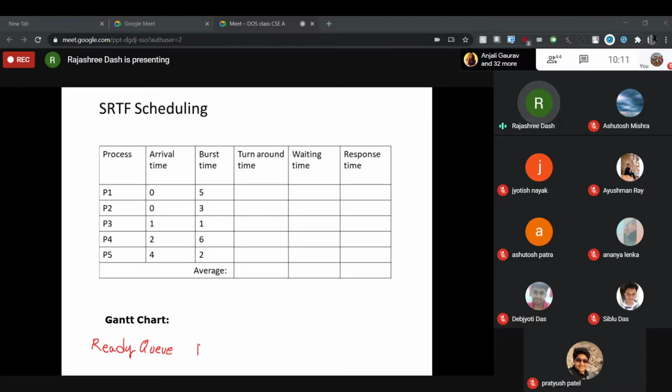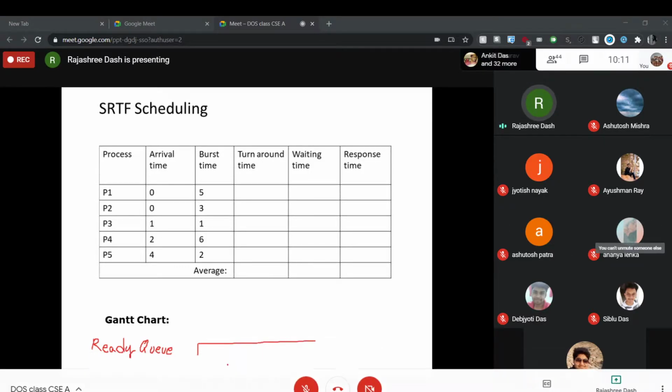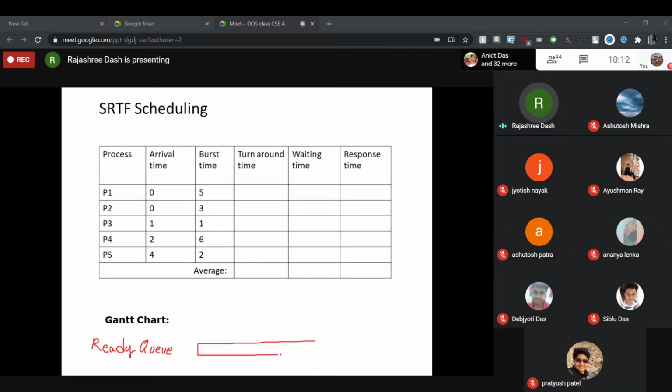Now if you check at time 0, what are the processes in the ready queue? At time 0 only two processes enter the ready queue: one is P1, another is P2. Here I am writing the arrival time at the bottom, representing it as AT.